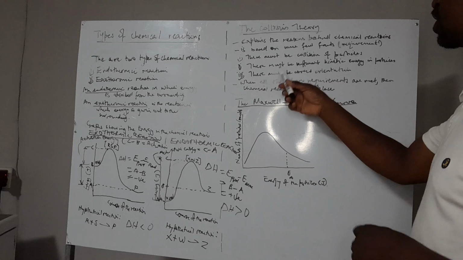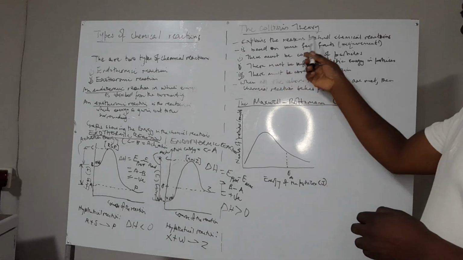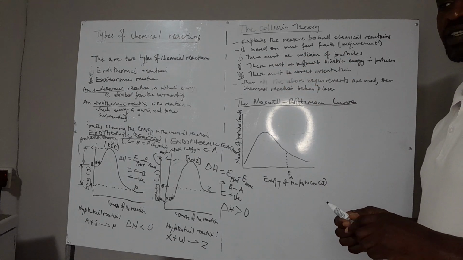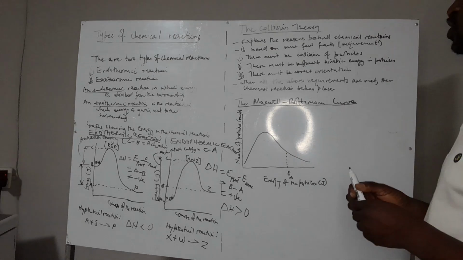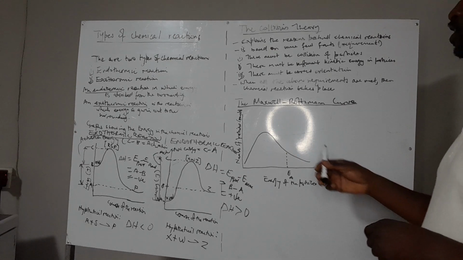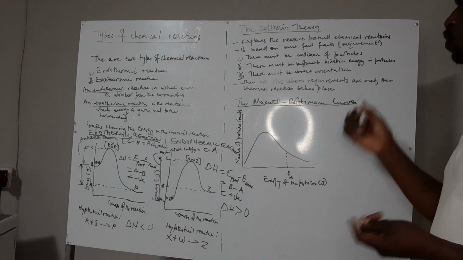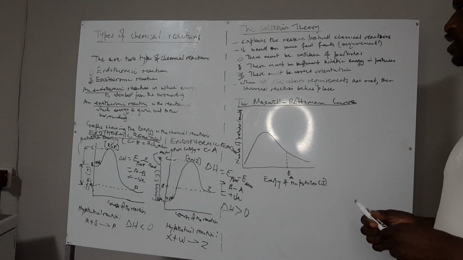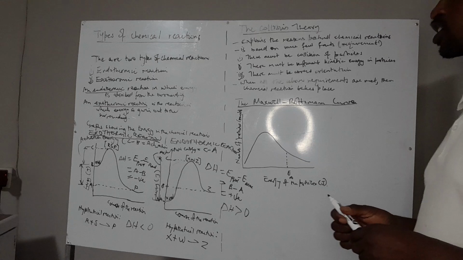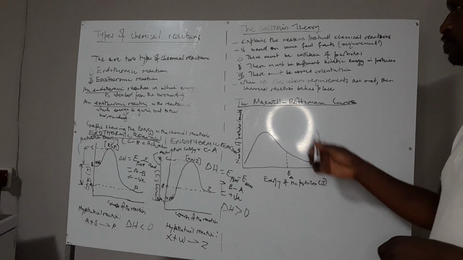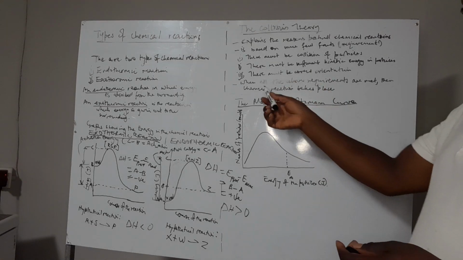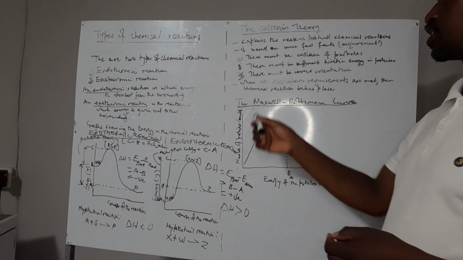The collision theory merely explains why chemical reactions take place in the first place. It is based on a few facts or requirements that should be met before the chemical reaction can take place. What are they? Mainly we may just divide them into 3.